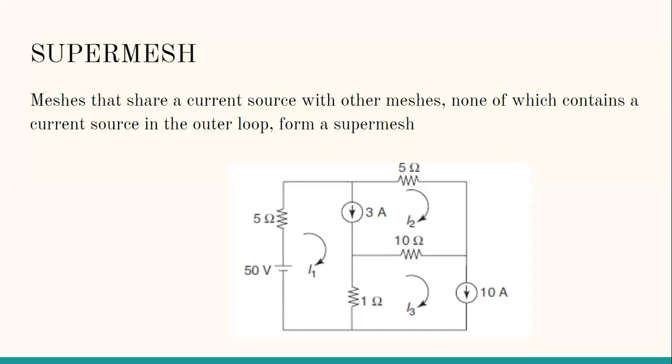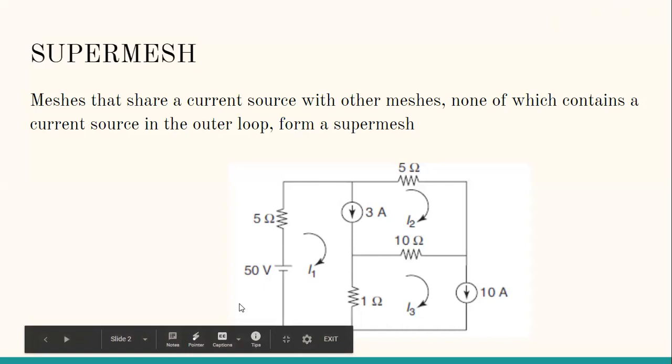So which mesh can we call a super mesh? That is our first question. Whenever in a mesh or a closed path, if we have a current source in the common branch of two loops, then it forms a super mesh. For example, in this given circuit, this is the first loop, this is the second loop, and this is the third loop.